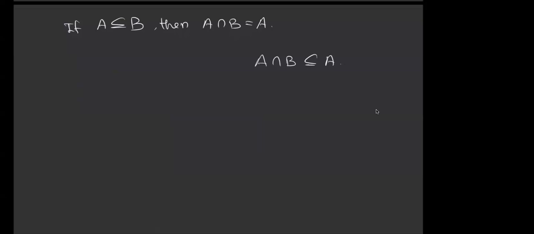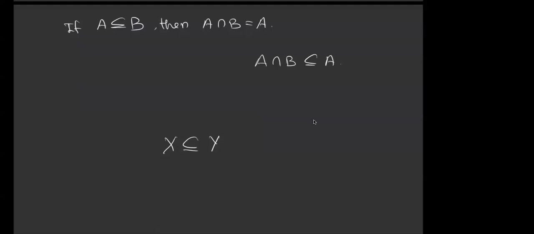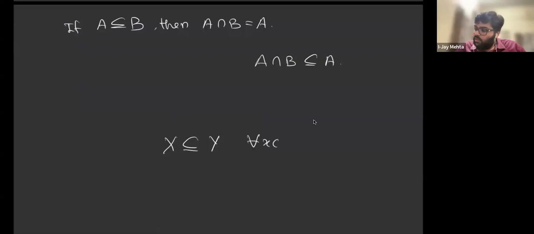We can take any element from set A. Okay, if I want to show X is a subset of Y, where do you start? What does this mean? We have done this so many times, right? Quantifiers, maybe we have done using if-then. It means given any element of X, it is in Y.